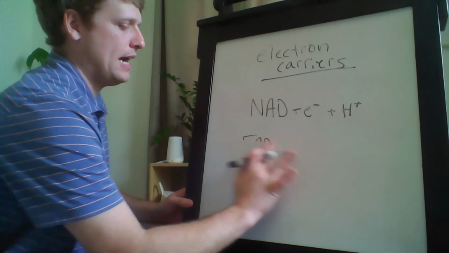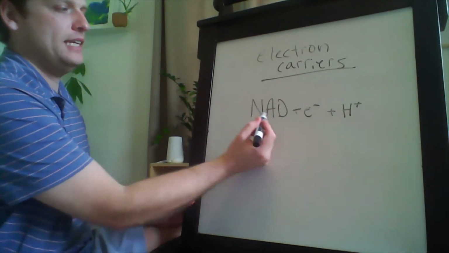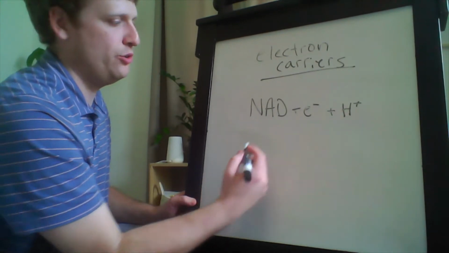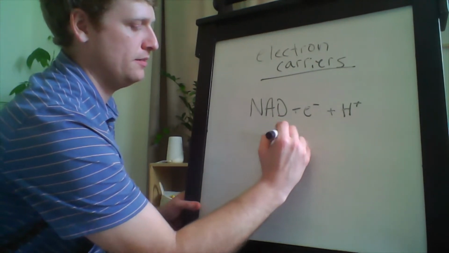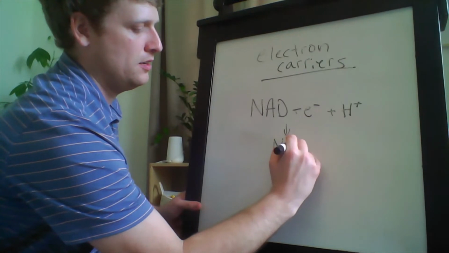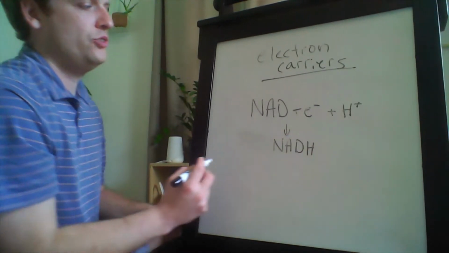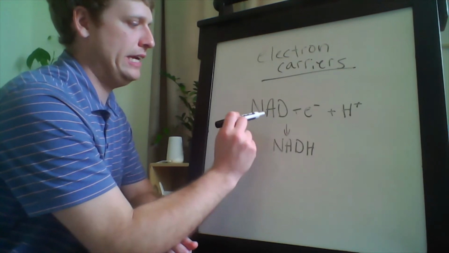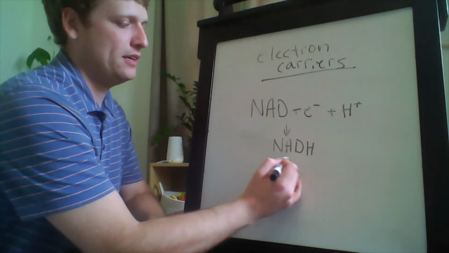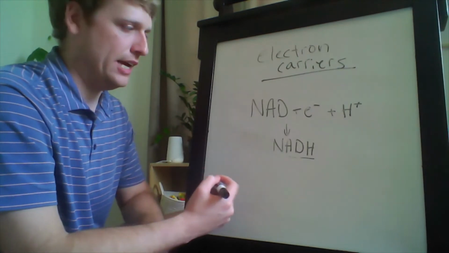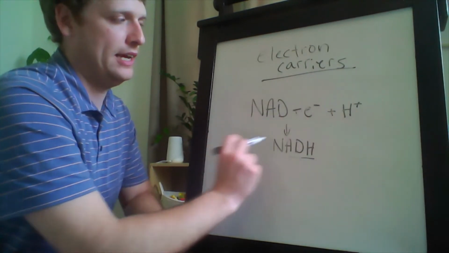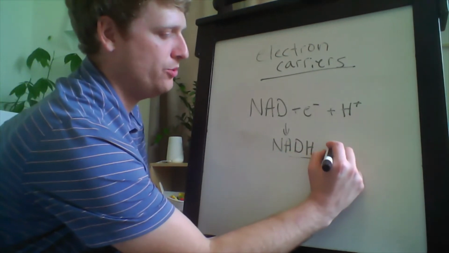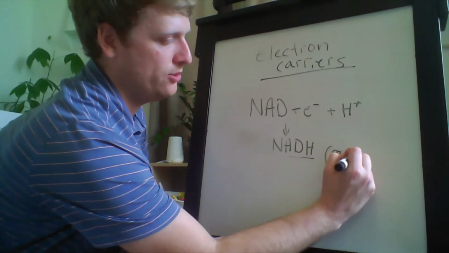So what's going to happen is NAD picks up an electron and uses that electron to form a new bond with hydrogen. So during the process of reducing, or adding an electron to, NAD, you're forming the molecule NADH. You're just adding the electron and this hydrogen to NAD to make NADH, which we would say has then been reduced.